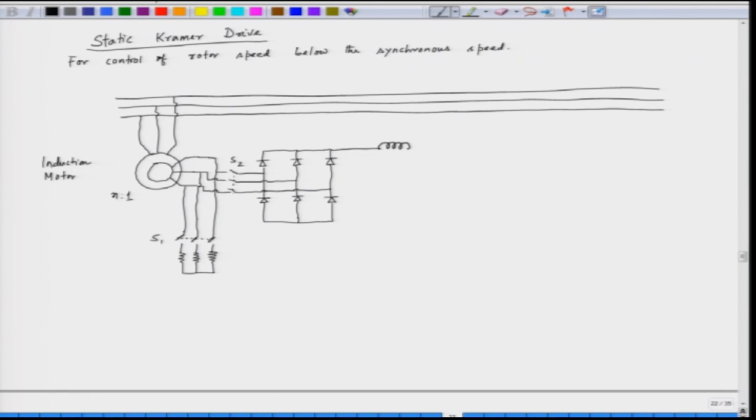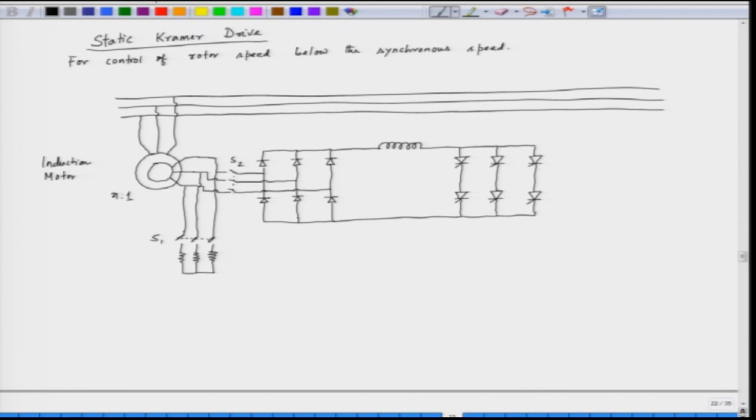The DC link is connected to a large inductor, and then we have a 3-phase SCR bridge here, which is connected to the DC link.